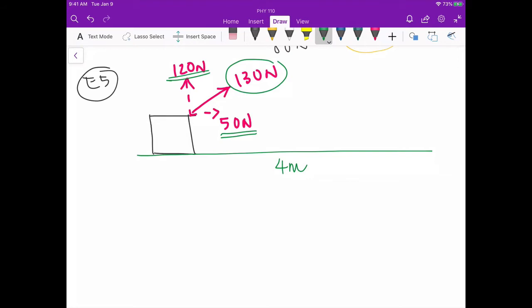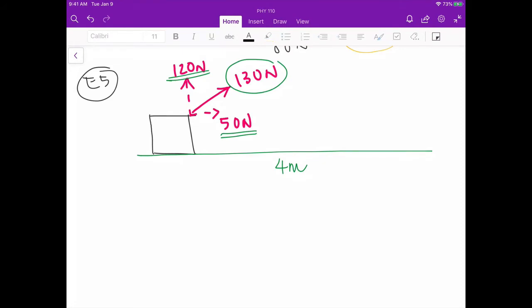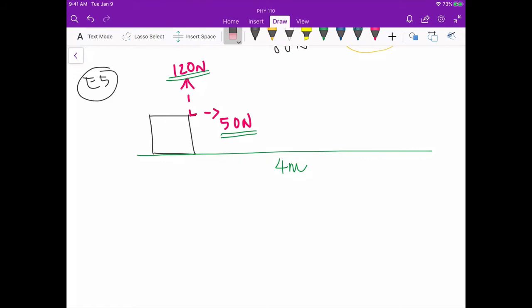The only difference is that one is paper money, the other is coin. It's replacing one single paper money by 4 coins. This is what is happening. Instead of having this full 130 newtons of force, now it's replaced by 2 of its equivalent forces.